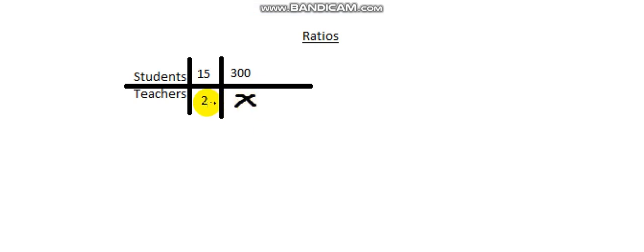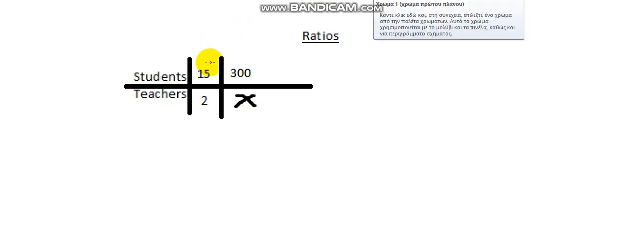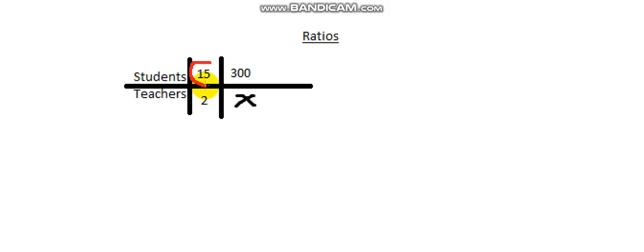That's the unknown here, the amount of teachers. If the students are 300, how many are the teachers in order for the ratio to stay the same? And I do that by saying that the cross products need to be equal. So 15 times x needs to be equal to 2 times 300.